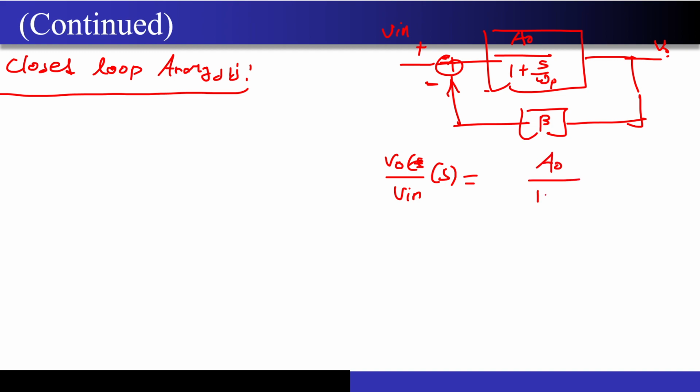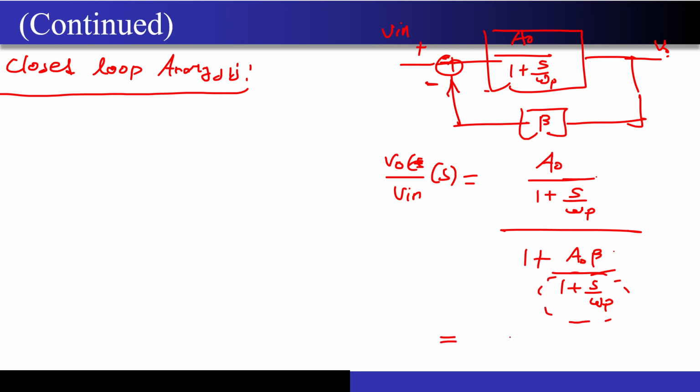It is A naught upon 1 plus S by omega P, basically the open loop transfer function, upon 1 plus A beta, right? A is what? A naught by 1 plus S by omega P, into beta. Correct? So now what you can see over here, if I just multiply both by this particular factor, then what will I get? A naught by A naught beta plus 1 plus S by omega P, correct?